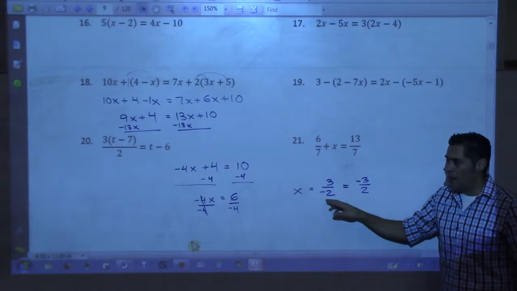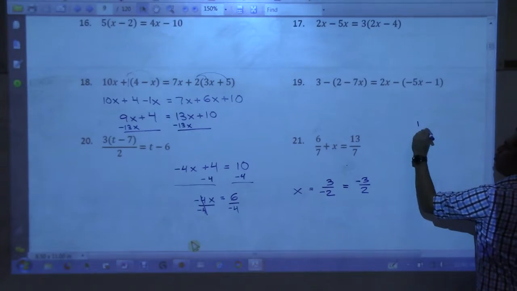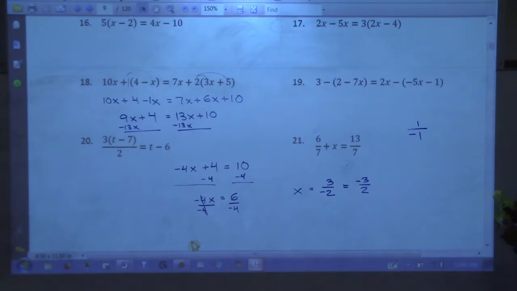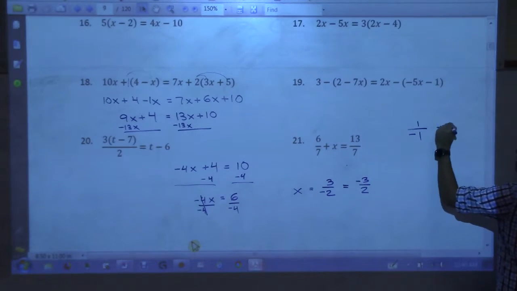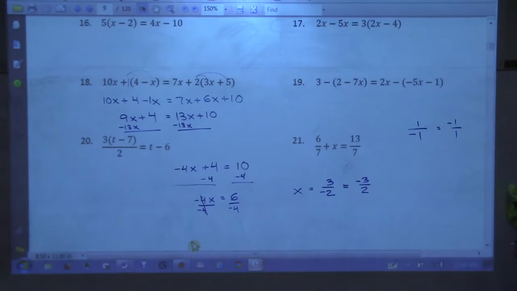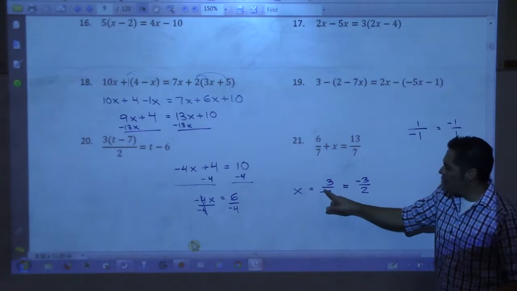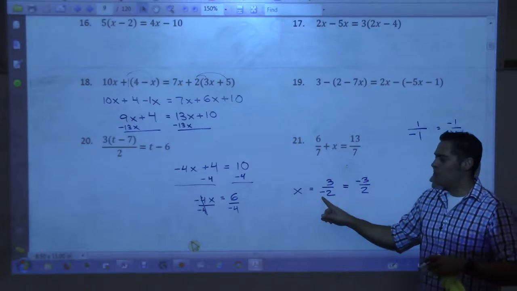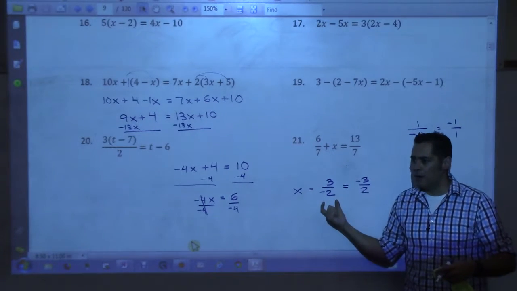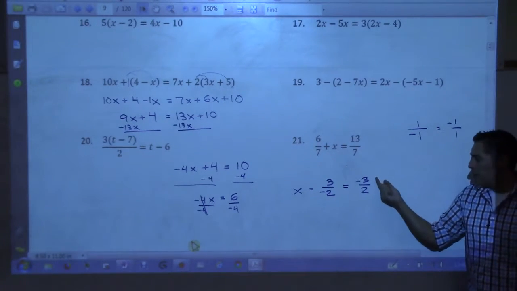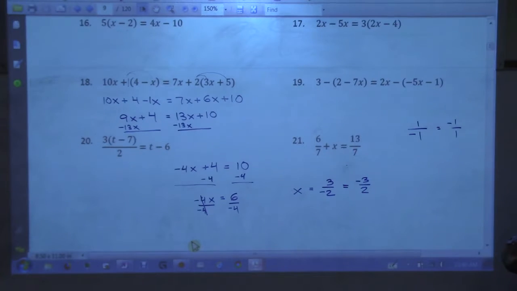Yes, you may. Think of it this way. What's 1 divided by negative 1? That's negative 1, right? What is negative 1 divided by positive 1? Still negative 1, right? Same thing here. 3 divided by negative 2 is going to be a negative number. Negative 3 divided by 2 is still a negative number.